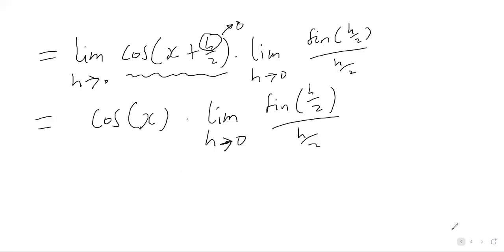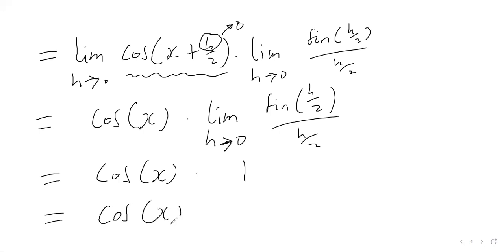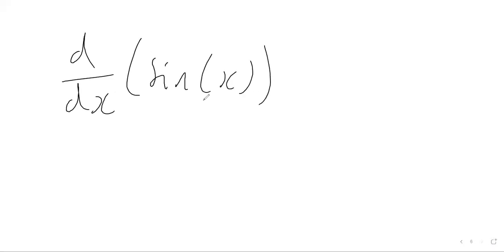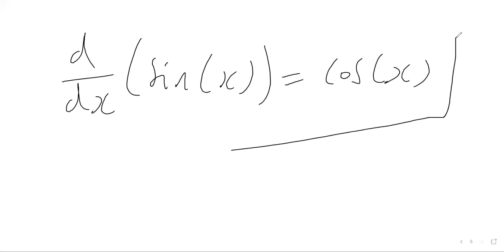And so now what we've concluded is that this limit is 1, and so what we're going to get is that the derivative of sine of x is cos of x times by 1, and that's just cos of x. And so in conclusion then, when we differentiate sine of x with respect to x, the result is just cos of x. And that is our final result.